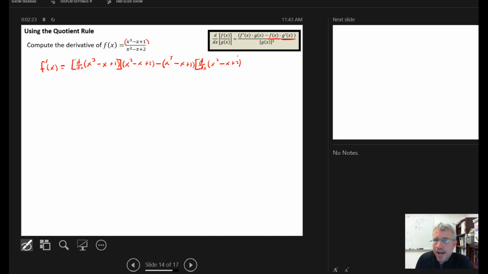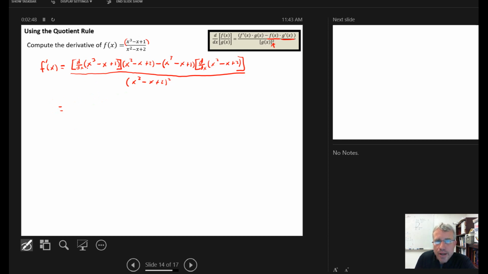And it says divide all of that mess. So fraction bar goes under everything in the numerator. Divide it by the square of the denominator function. So take the denominator function and square it. And now it's just simply a matter of taking the needed derivatives in the numerator, and then cleaning things up a little bit.